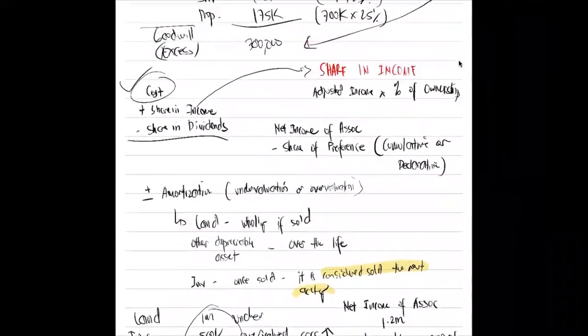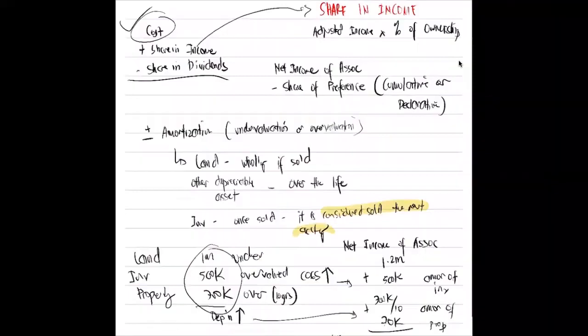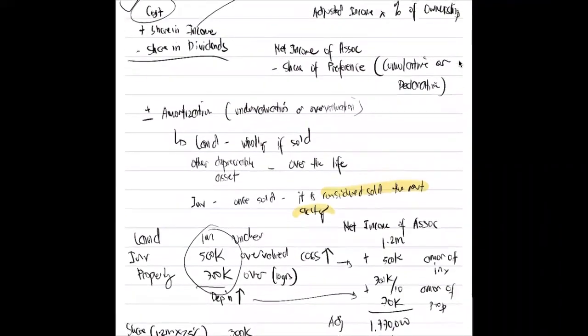So again, we have here your cost plus share in income. Take note, the share in income should be added. Now, also on your share in income, I will just discuss it. On your net income of associate, we said that we will deduct the share of preference. For your share of preference, you only deduct if it's cumulative or there is a declaration.